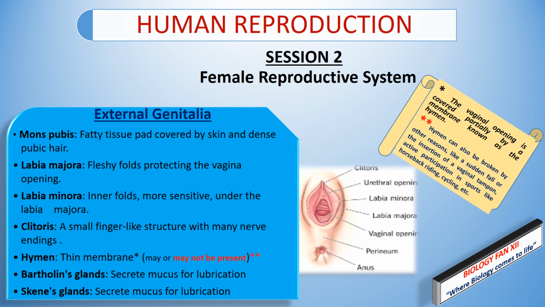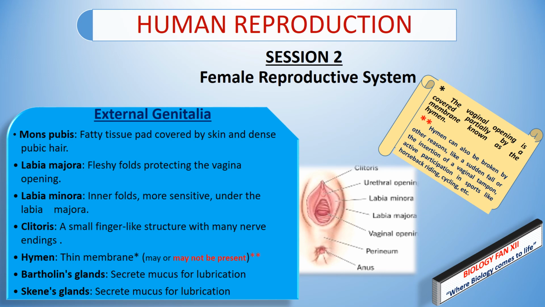The vaginal opening is covered partially by a membrane that is known as the hymen. It is a small thin membrane at the opening of the vagina. That means it is a membrane that covers the vaginal opening. It may or may not be present.